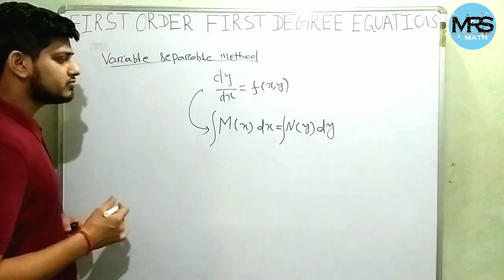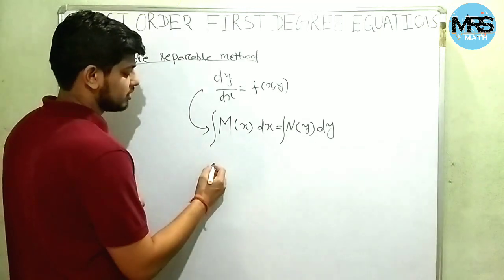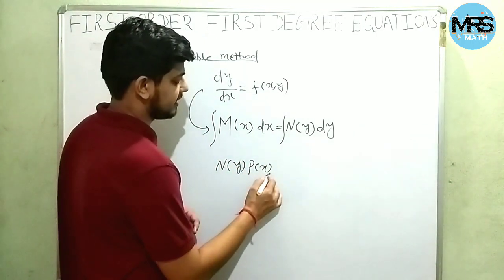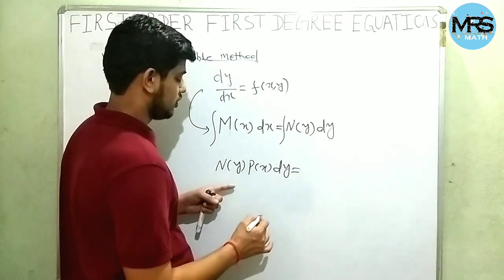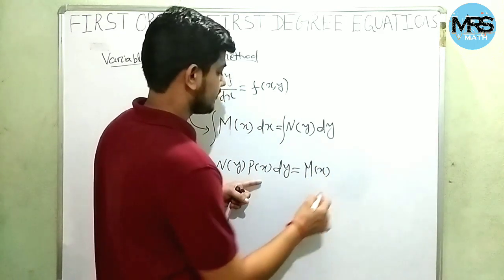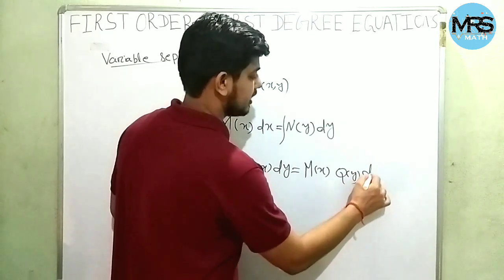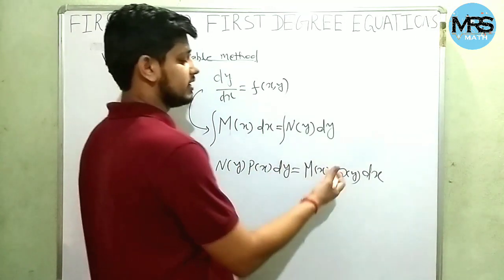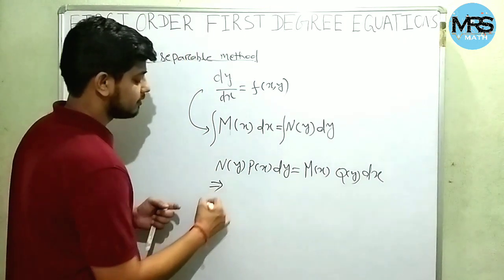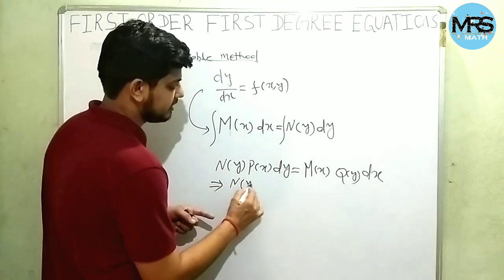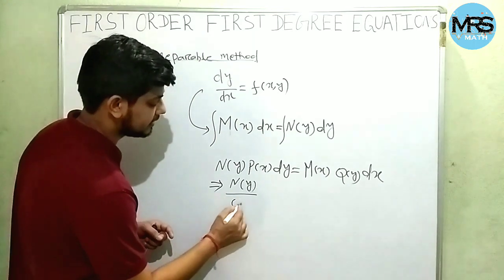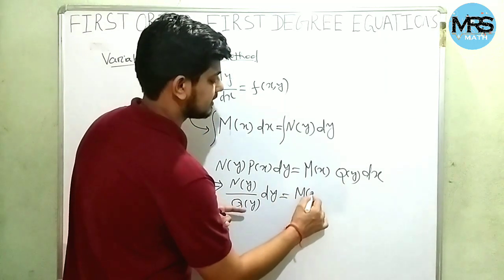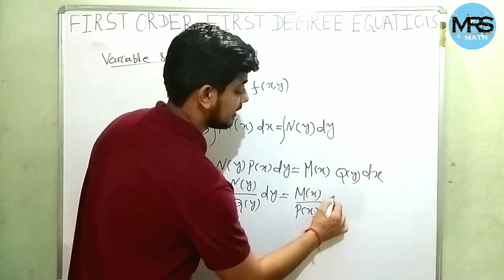Some equations will be in this form: n of y times p of x dy equal to m of x times q of y dx. Here functions of x and y are mixed on both sides. So we take n of y and q of y to one side, giving dy by q of y times n of y equal to m of x by p of x dx.